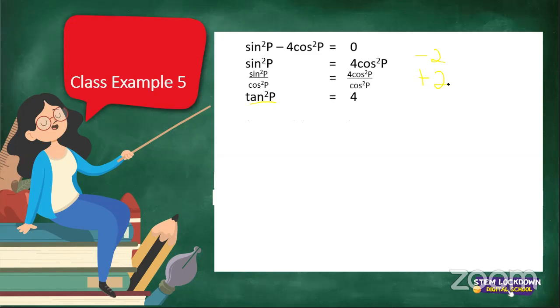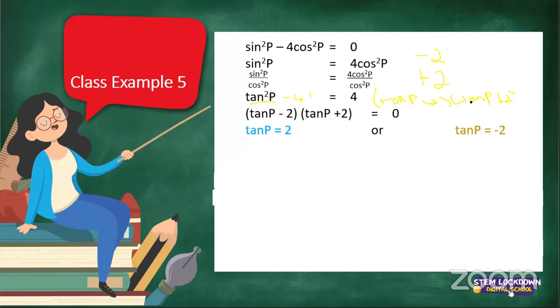Or you can comfortably take your minus 4 to this side and factorize and say tan p minus 2 times tan p plus 2. And that'll get you the exact same answers.